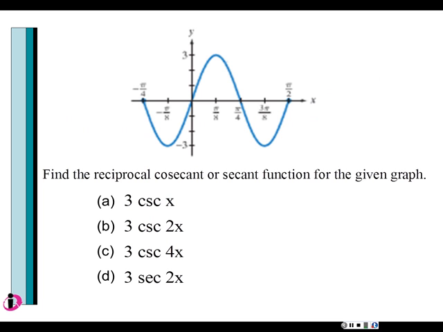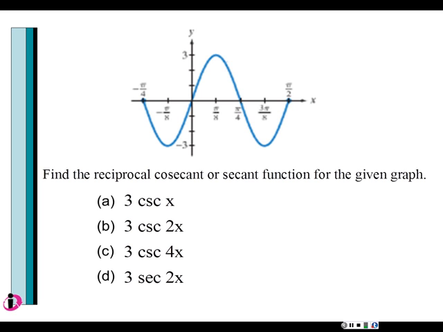Look at the original graph. Is this the sine graph or cosine graph? Sine, right? Since this is a sine, its reciprocal must be cosec. So you will always get a cosec graph. You will never get a sec graph. So now your answer must be one of the first three. You eliminated the last one because it is not going to be sec, because the original graph is sine.